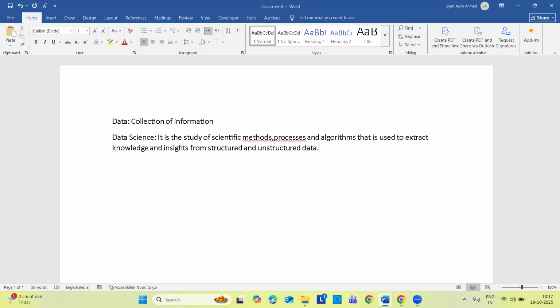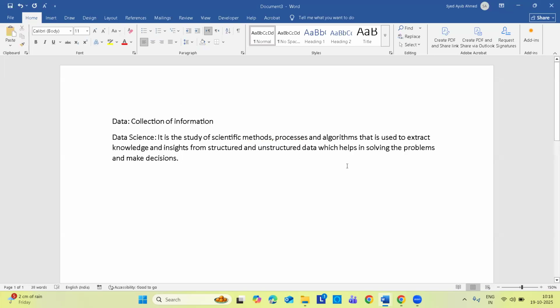So this will help you to solve the problem. Clear, guys? This is the definition of data science.